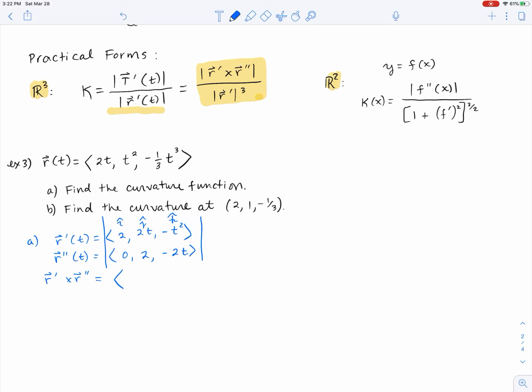Okay, so let's see. For the i component, negative 4t squared minus negative 2t squared. So that's plus 2t squared.